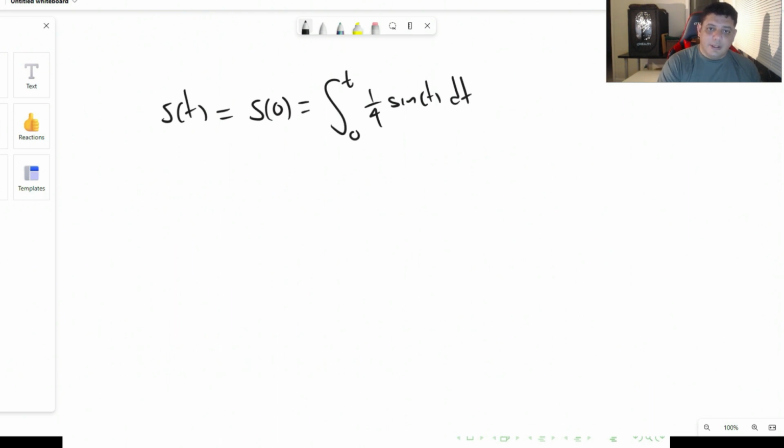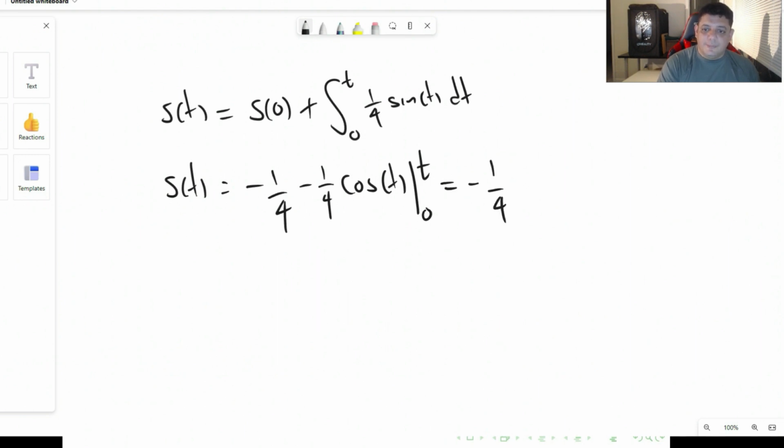Okay, this is supposed to be a plus. So this is minus 1/4 plus, and the integral of this is going to be minus 1/4 cosine of t. And now this antiderivative goes between 0 and t.